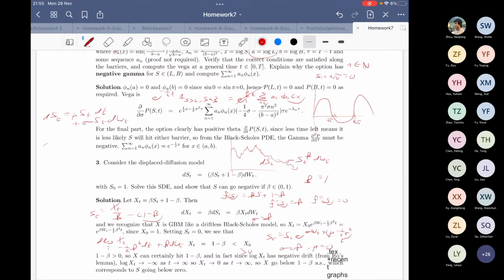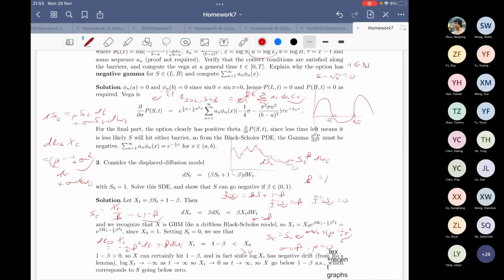When you apply Ito's lemma to that, you get d log S_t. The rule is always that you take the drift that's in front of the S_t, and it's minus a half the volatility term, but again without the S_t, squared, dt plus sigma dW_t. But then if this mu minus half sigma squared is less than 0, which it certainly will be if mu is 0, then the overall trend of the log of the process is negative.